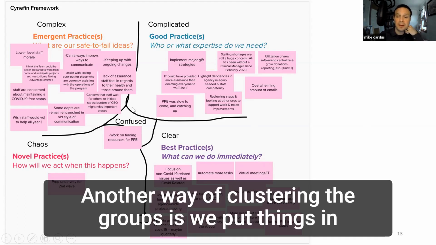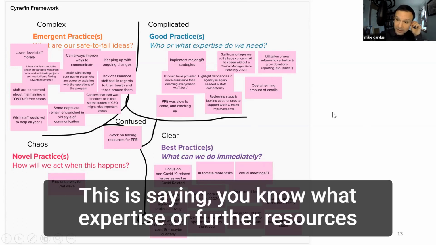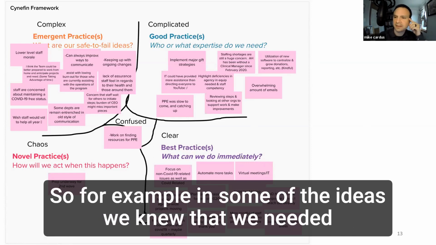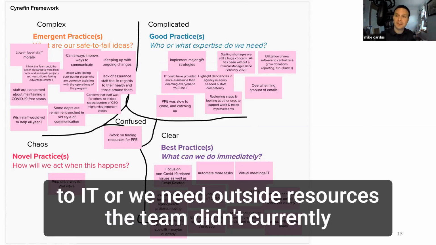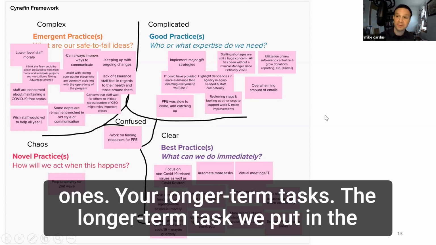Another way of clustering the groups is we put things into what's called complicated. This is saying, what expertise or further resources do we need? So for example, in some of the ideas, we needed IT, or we needed outside resources the team didn't currently have. We put those here. Another area are your more complex ones, your longer term tasks.